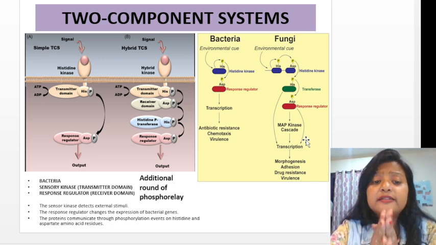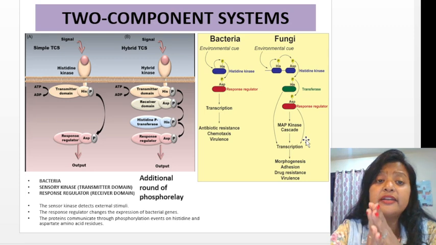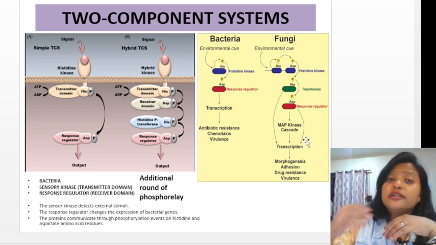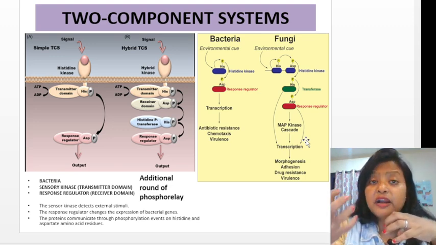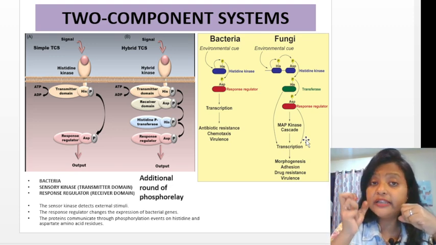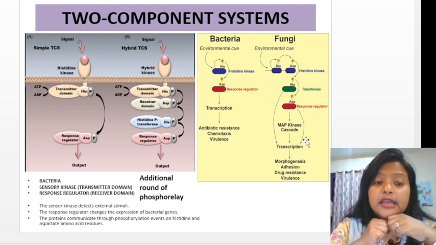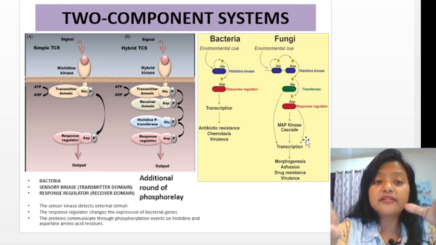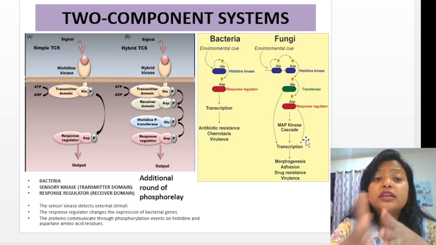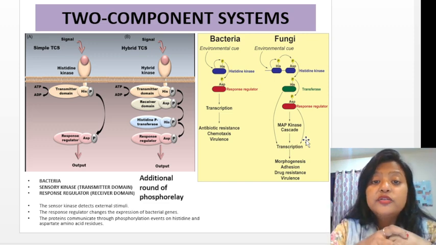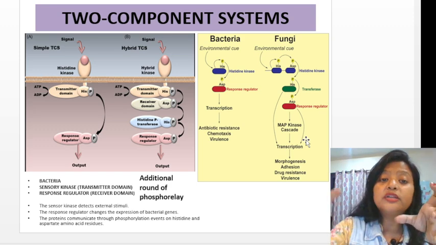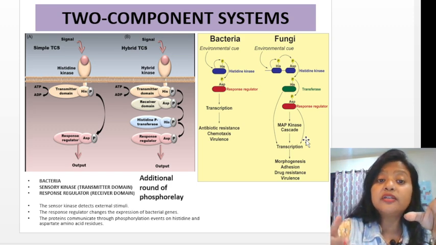The sensory kinase, when there is a change in the environment, will detect that change, that stimulus. It will pass it on to the transmitter domain inside, which is the histidine here. Then this histidine will pass it on to the response regulator, which is at the aspartate.